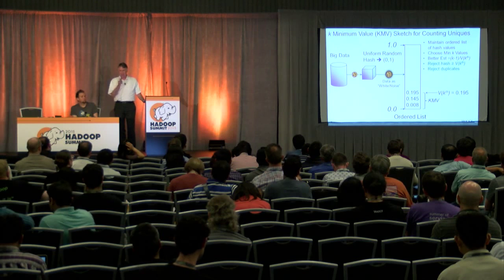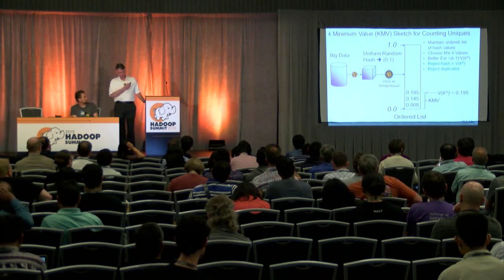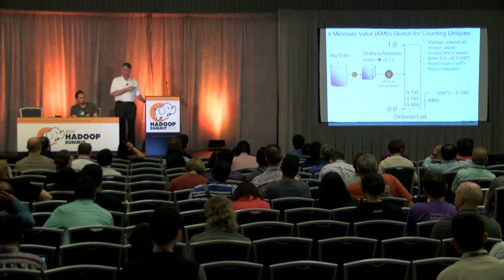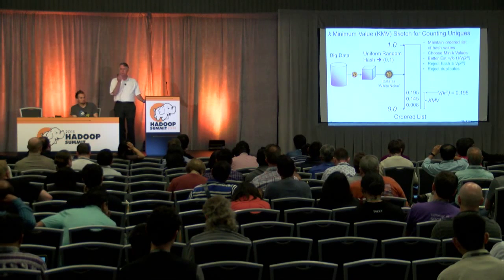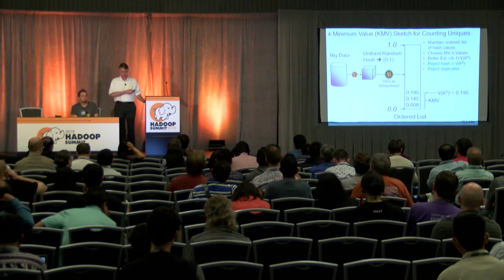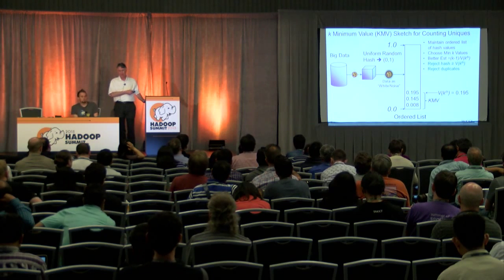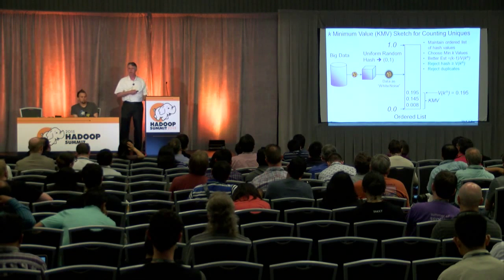If I get a new hash value that's greater than this kth minimum value, I throw it out. Automatically reject it. Don't even look at it more. Also, I reject any duplicates. So if any item that appears in the stream is already one of these K minimum values, I also reject it.